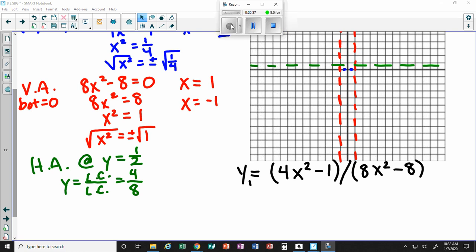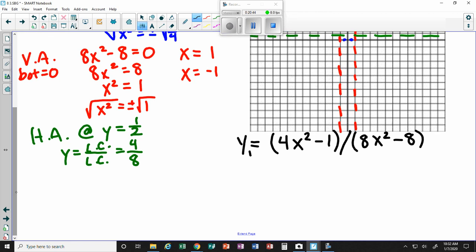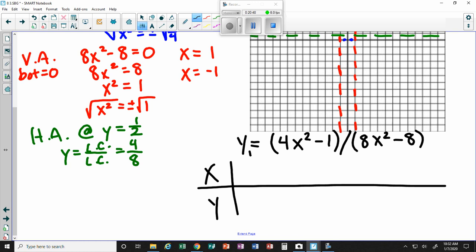I used the calculator to make my table of values. I'm going to put -1 and 1 on there. Those are undefined, right? 0's in the middle, then -2, 2, 3, -3.